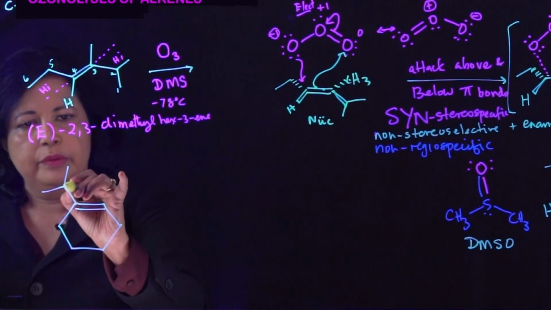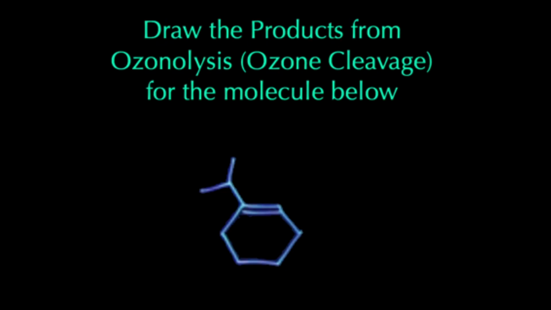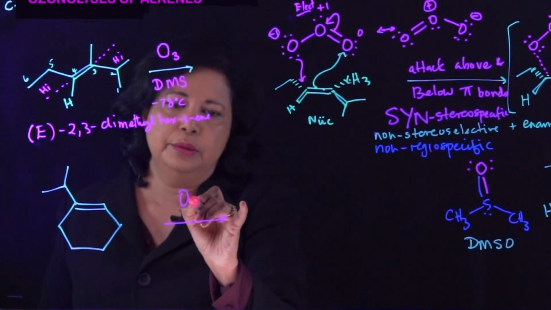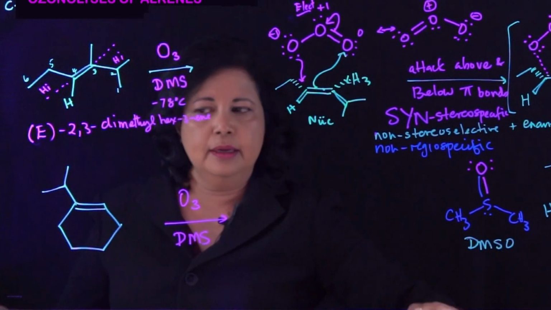So here, whenever you see ozone, O3 DMS, just put a line right through the middle.